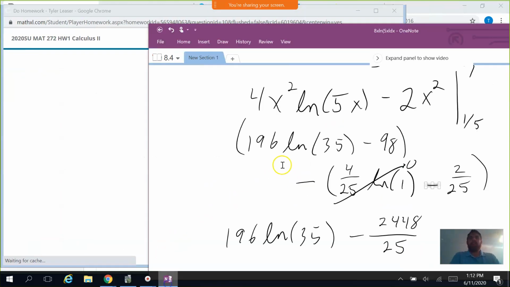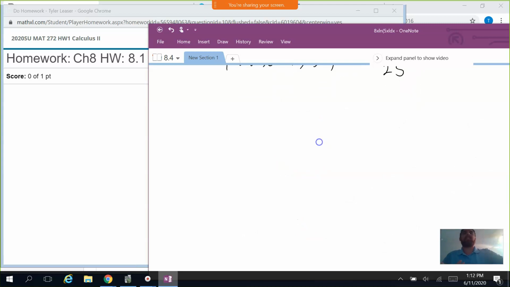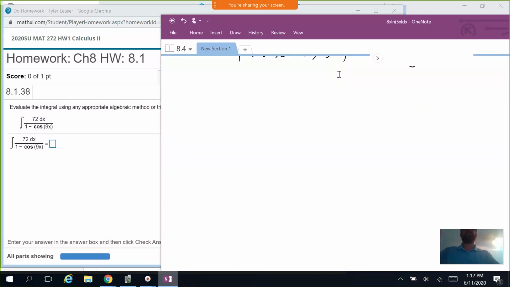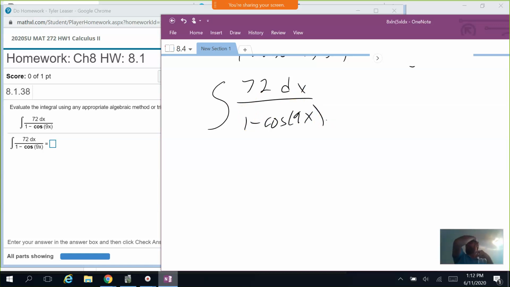Yeah, so 8.1 was just a bunch of different integrals with all kinds of different techniques. So when we come across an integral, here we have the integral 72 dx over 1 minus cosine 9x. You need to think about all the different techniques that we had written down from section 1 and just try them.